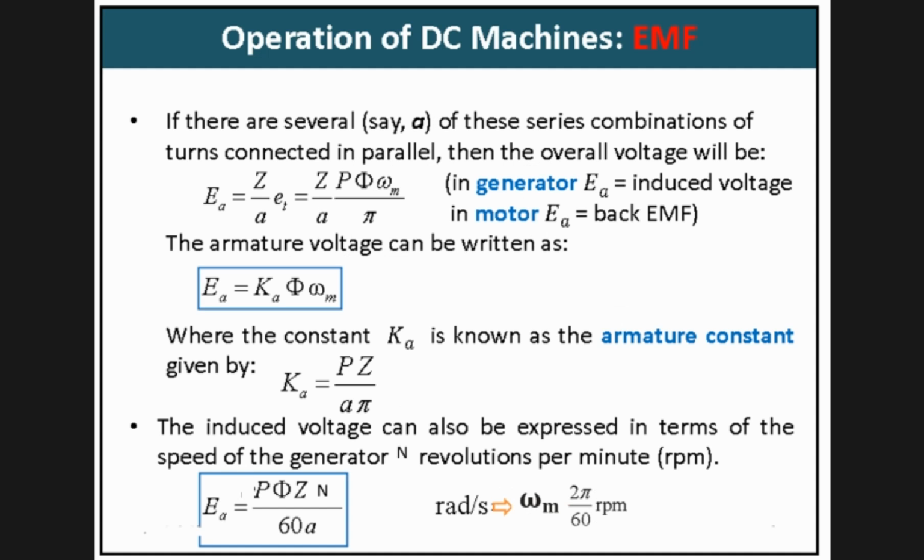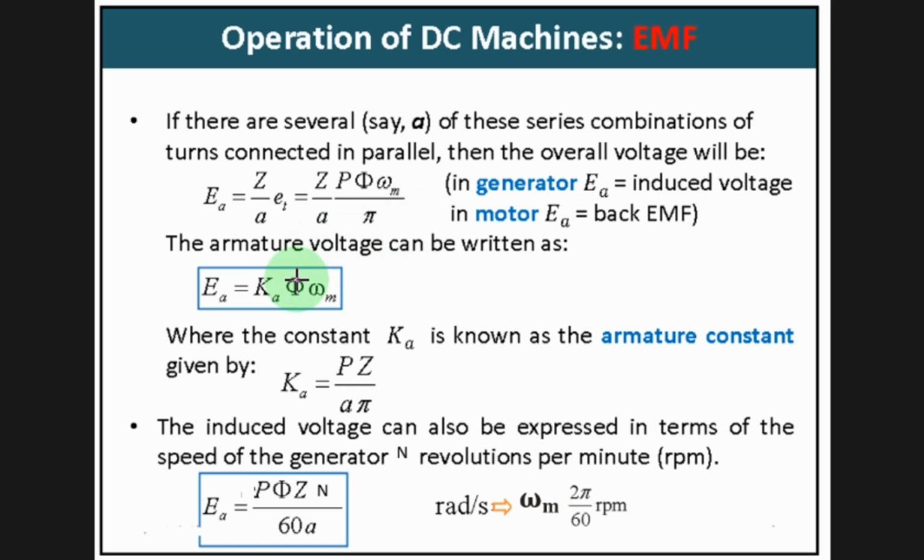So we have to divide that by A. So Z E_T over A, where Z is the total number of turns. Total number of turns should be Z by 2 actually, so there is a little mistake here. Anyway, the E will be ZPφω_m over Aφ.